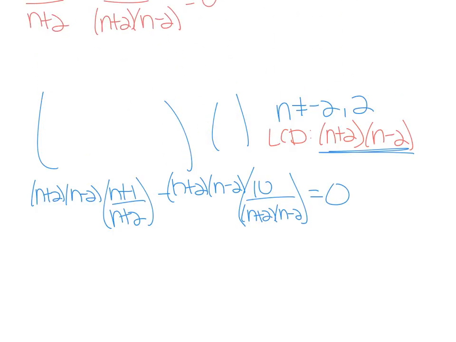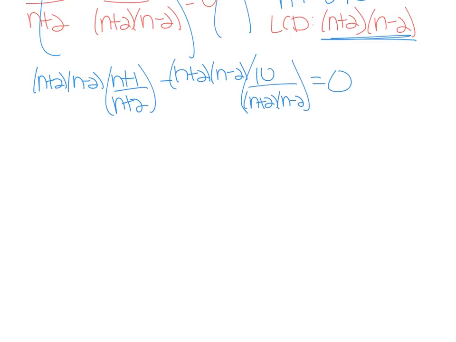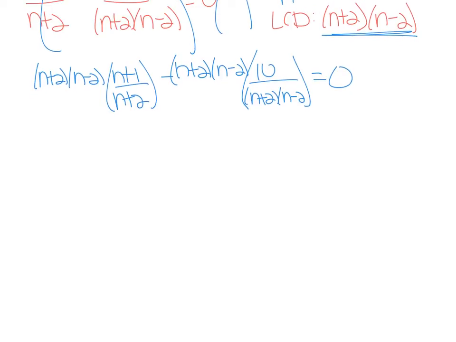Lucky again, that's just going to give me 0. So let's go back. Let's cancel out our denominators. My n plus 2 cancels out. This time, I'm actually going to leave it as n minus 2 times n plus 1, and we'll deal with that here in just a minute. For my second fraction, the n plus 2's cancel out, the n minus 2's cancel out. I'm only left with minus 10, which equals 0.